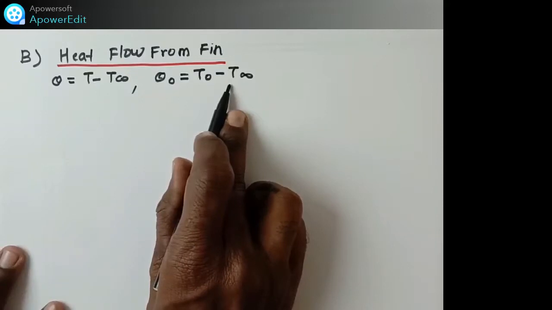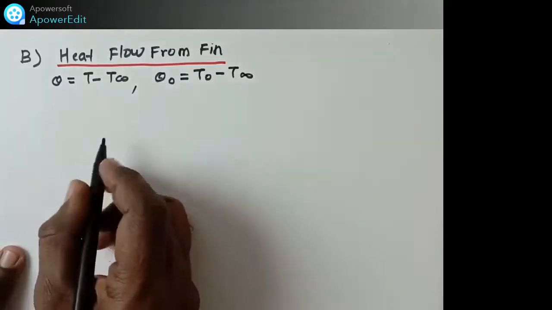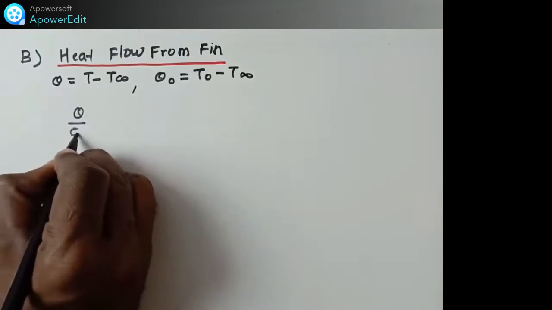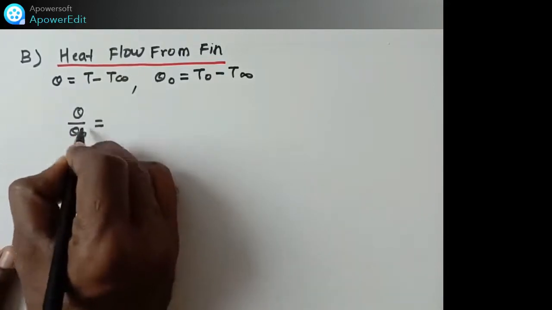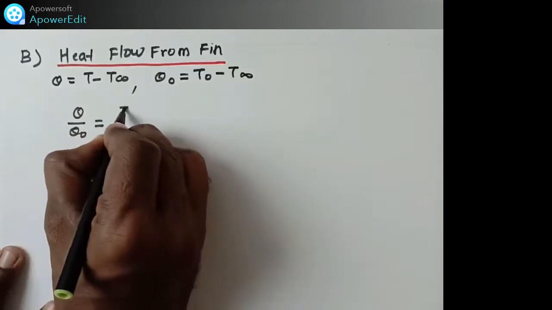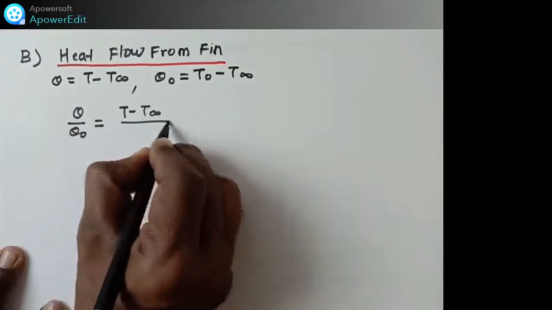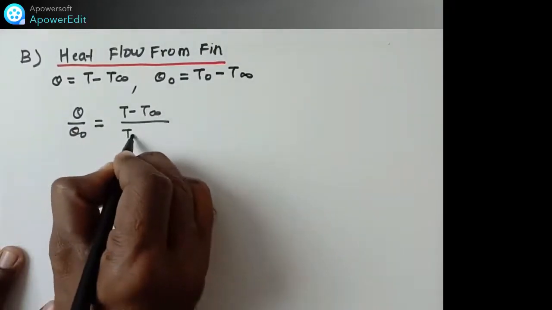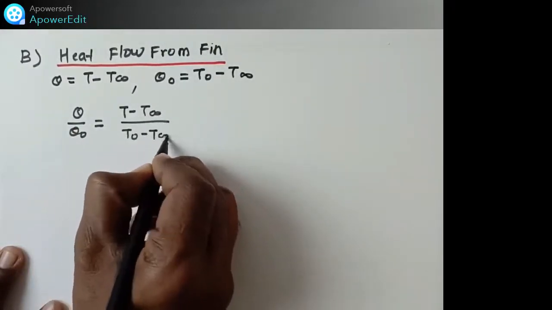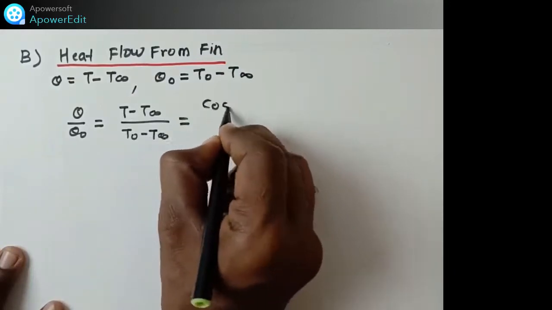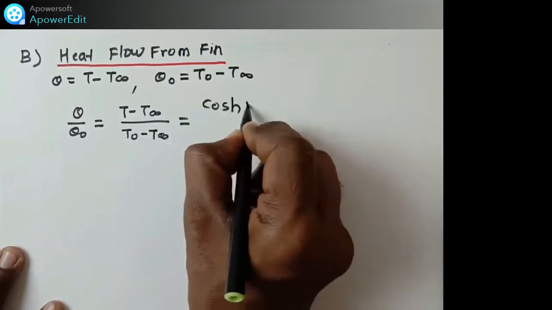Now, as per equation number 7, we can once again write theta upon theta 0 is equal to this. For theta we can write here, and for theta 0 we can write this, which is equal to the earlier equation number 7.